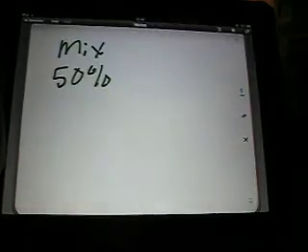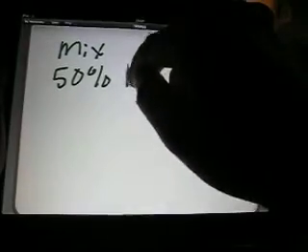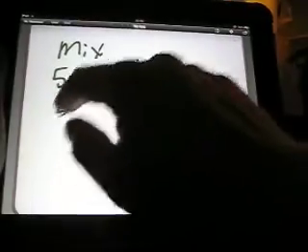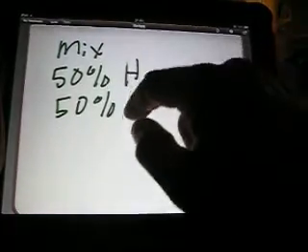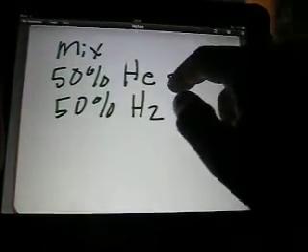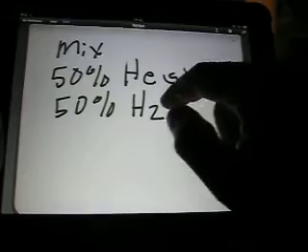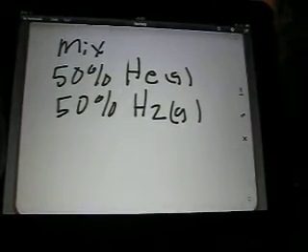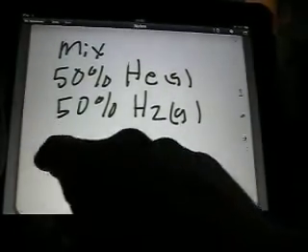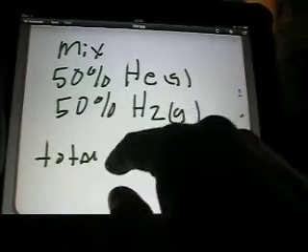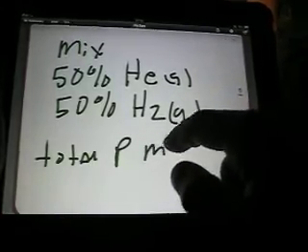So let me just go ahead and say that I have a mix, and it is 50% helium and 50% hydrogen gas, both in their gas phase. Okay? And I want to know what the total density of the mix is.